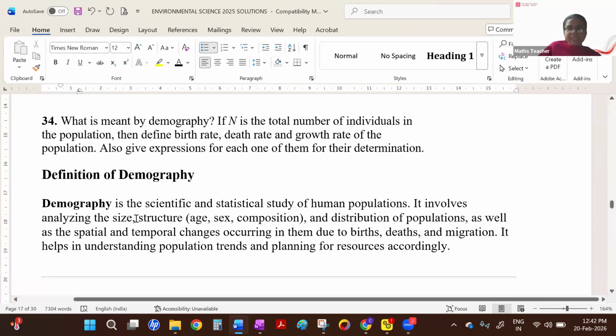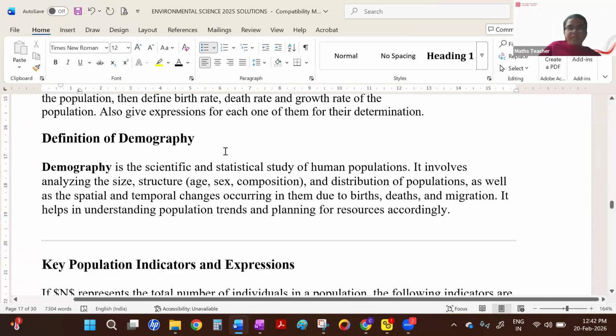So it involves analyzing the size, structure, age, sex composition, and distribution of population, as well as the spatial and temporal changes. Learning about all the different things that happen in a population, that is what we call demography, and it helps in understanding population trends and planning for resources accordingly.